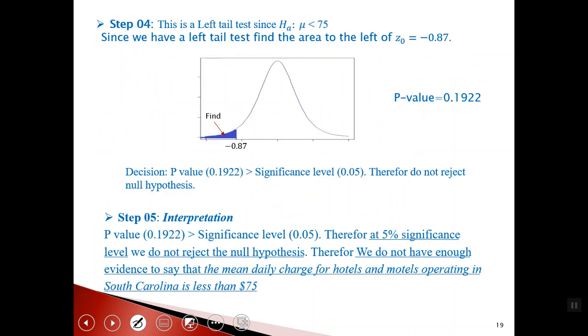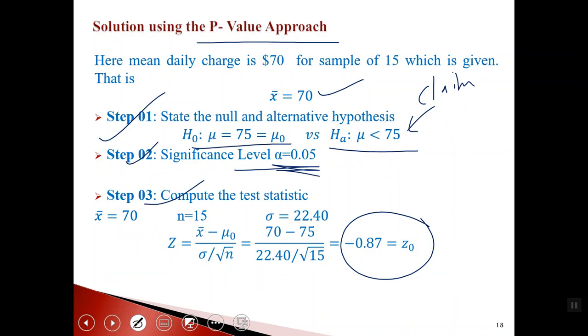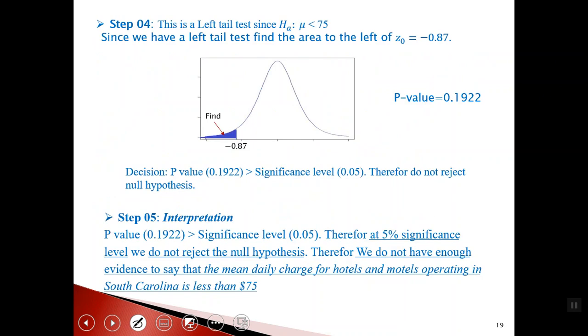Next, since this is a left tail test, what you have to do is get the p value based on your z naught, which you have previously calculated, your calculated value.